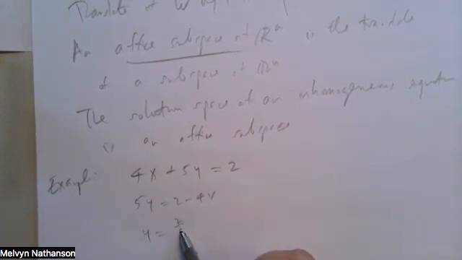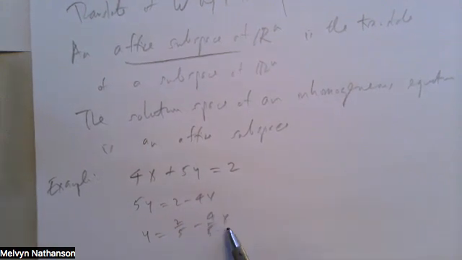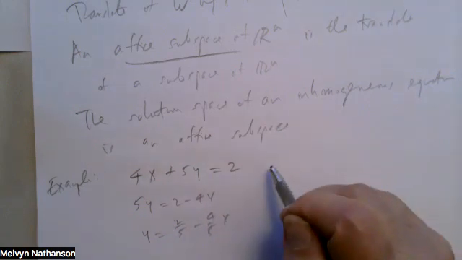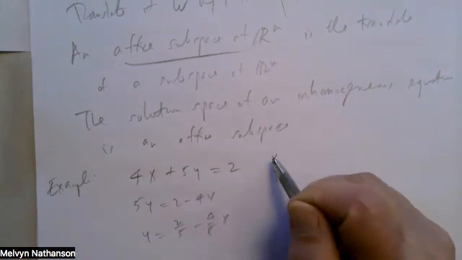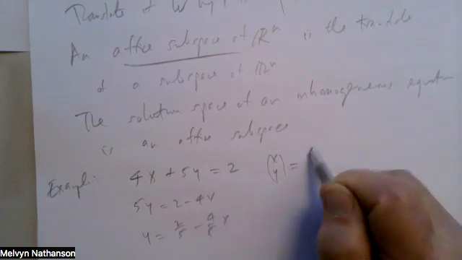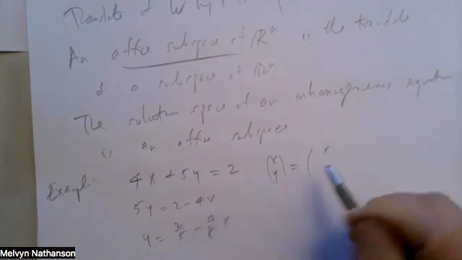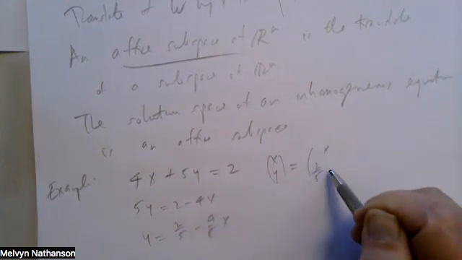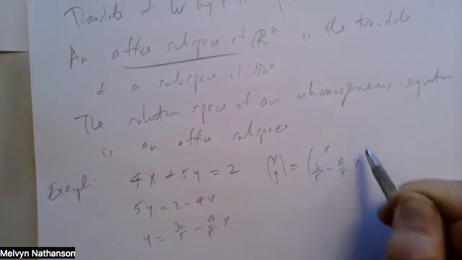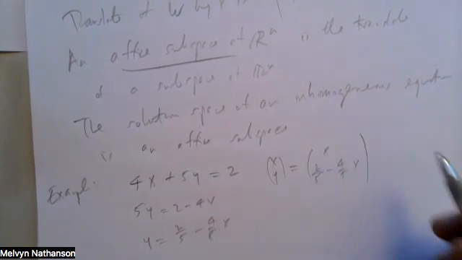So y is 2/5 minus 4/5 x. So no matter what number you pick for x, if you choose this value for y, you get a solution of this equation. So the vector (x, y) is a solution if for any x, y is 2/5 minus 4/5 x.